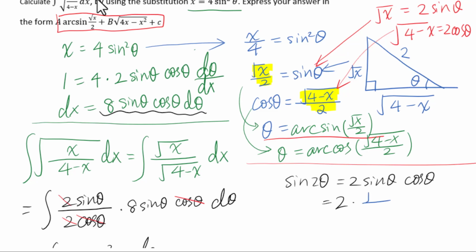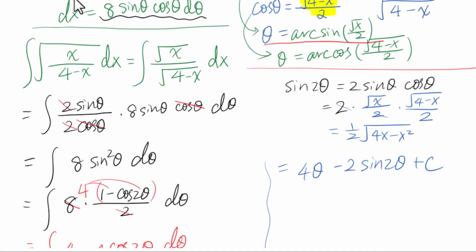So we have square root of x over 2 times square root of 4 minus x over 2. Reduce. We will get 1/2 square root of 4x minus x squared.